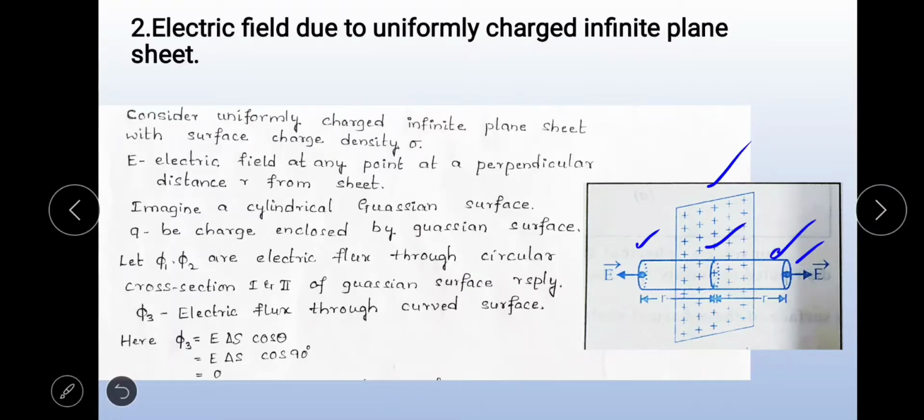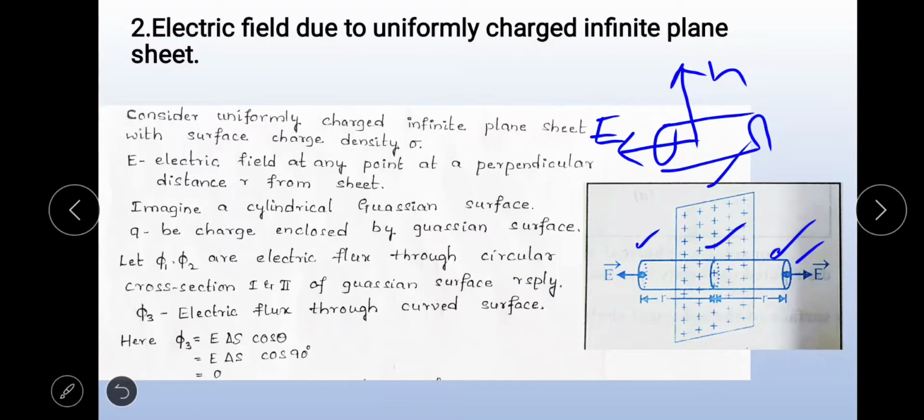Here the electric field direction is like this, and the unit vector drawn to the curved surface is like this. So this is the curved surface, and this is n cap.